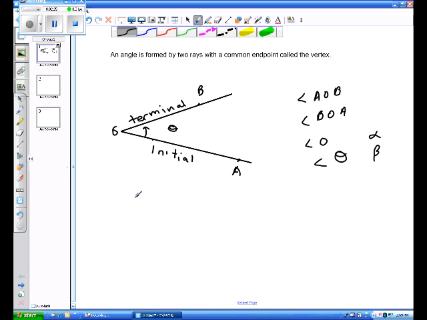And that becomes very important as we study our angles, because if an angle rotates counterclockwise, which is our normal rate of rotation, then we will refer to it as a positive angle. So this angle up here would be a positive angle because it's rotating counterclockwise.